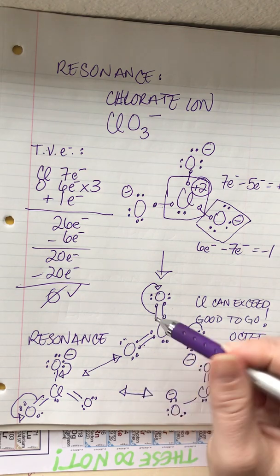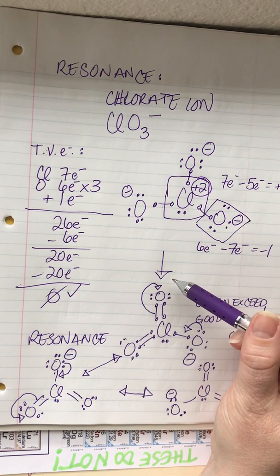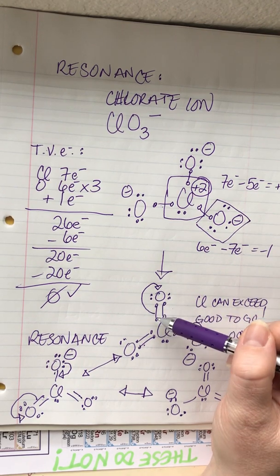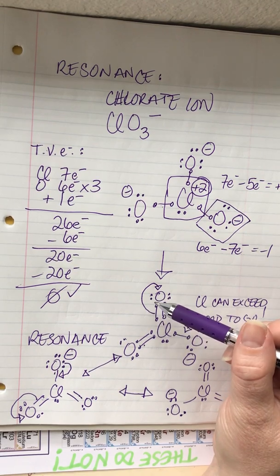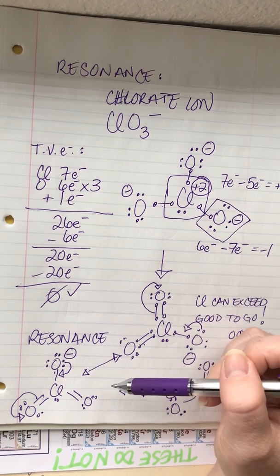That's why it may sound kind of stupid that I use arrows to move the electrons, but it really helps me know exactly what I'm doing with the electrons and where I'm putting them, so that I don't accidentally add in another pair, right?